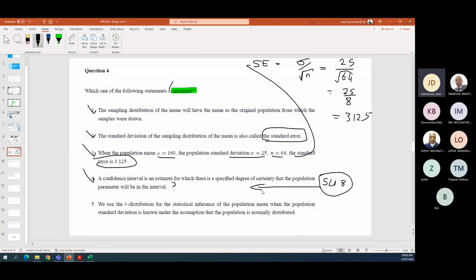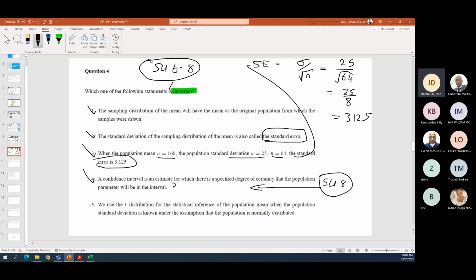You can see in this question that this was nearly a combination of study units 6 to 8, the three study units, which is also interesting.